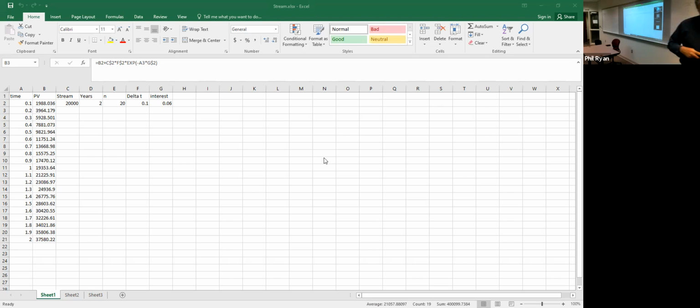The way I've set up this file is I've cut up the 2 years into 20 time intervals. That means each time interval is 1/10 of a year. I've got an interest rate of 6%. So what is that $20,000 a year worth?